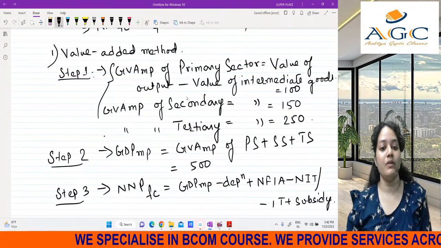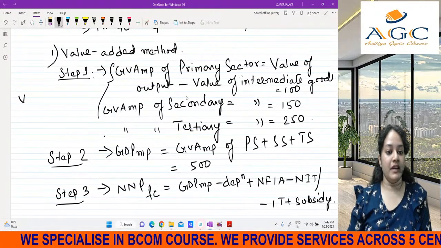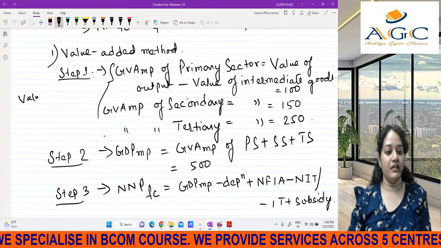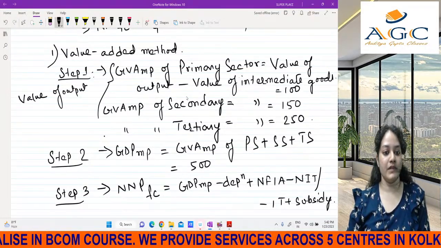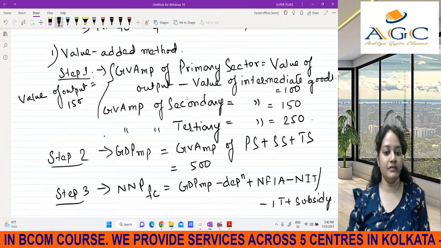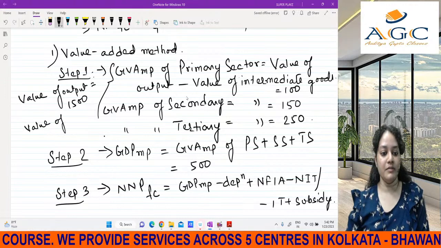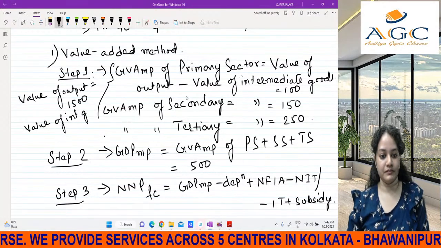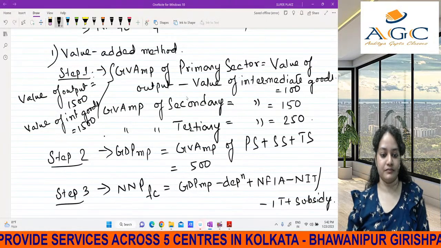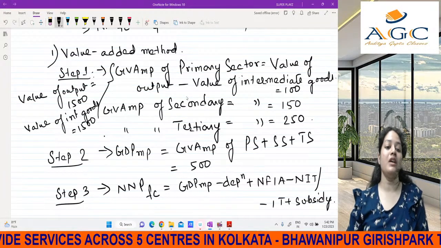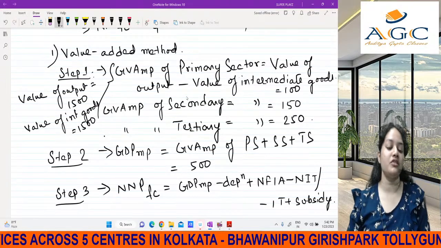Now what I was saying: suppose it is given directly that value of output is 1500 and value of intermediate goods is 1500 as well. So what do you have to do? Nothing is mentioned about whether it is of the primary, secondary or tertiary sector.